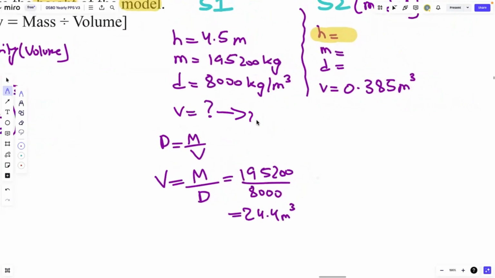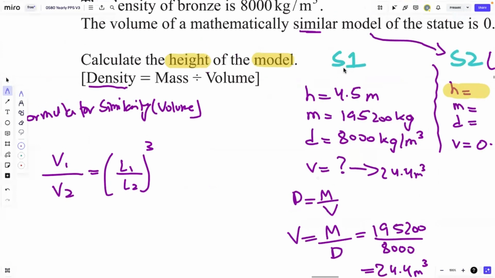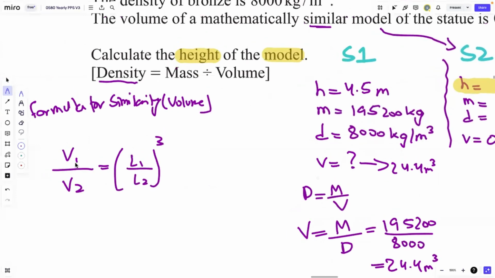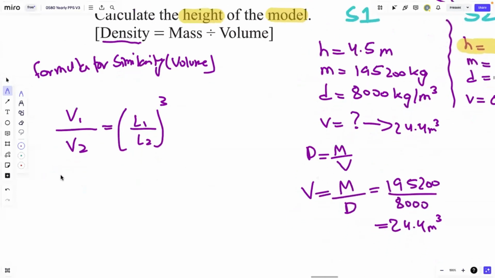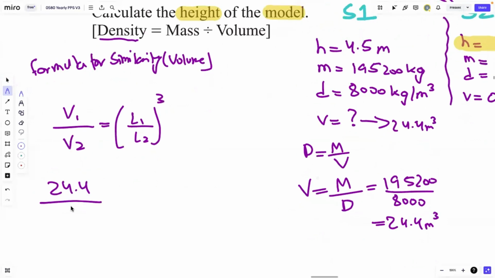Now we have the volume. Since we are using statue 1 with the number 1, we'll keep volume 1 as 24.4.